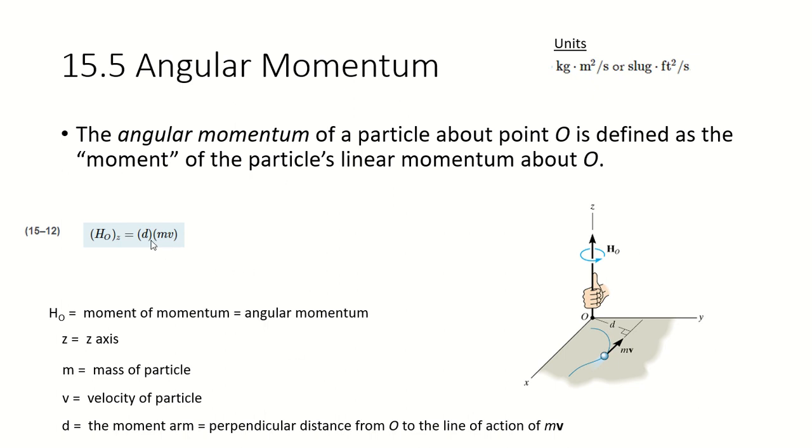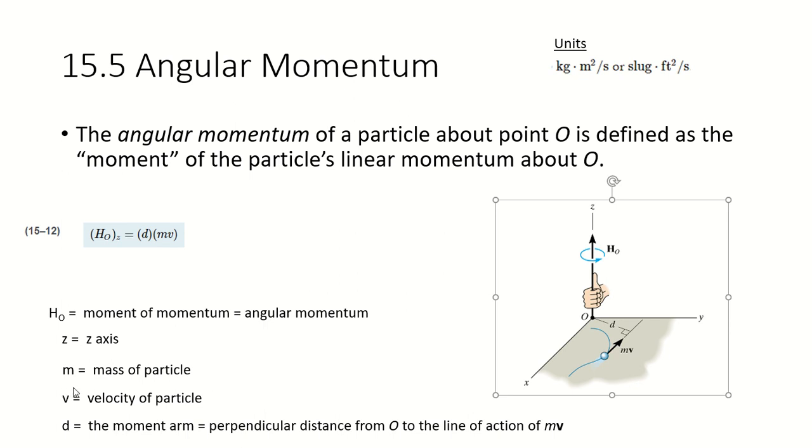So be careful with all the symbols, it's very confusing because they look the same. When you have a small change in time, we use a little d, but this one is a different d. This isn't a change; this is representing the distance from O to the line of your particle's momentum.